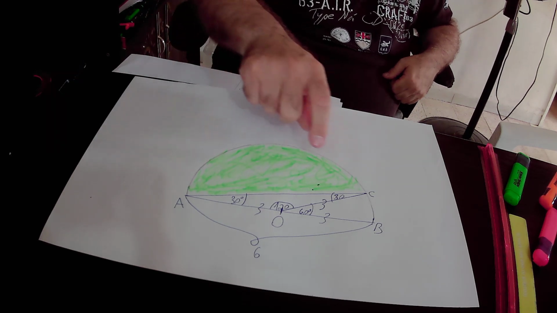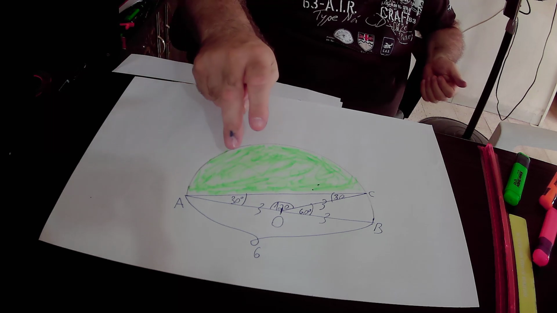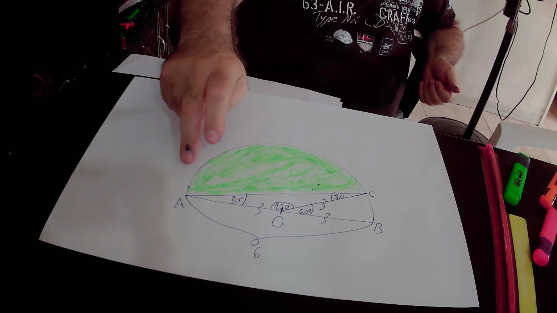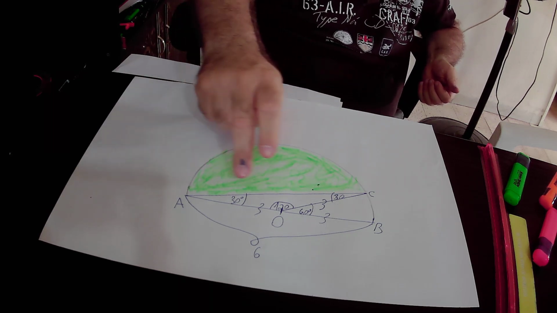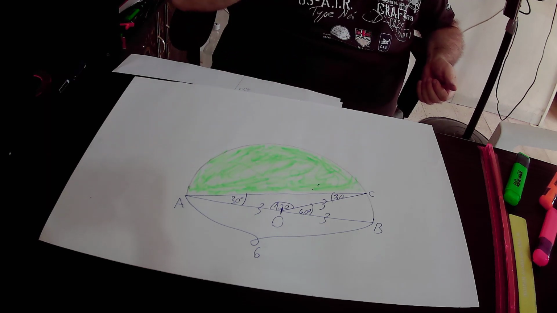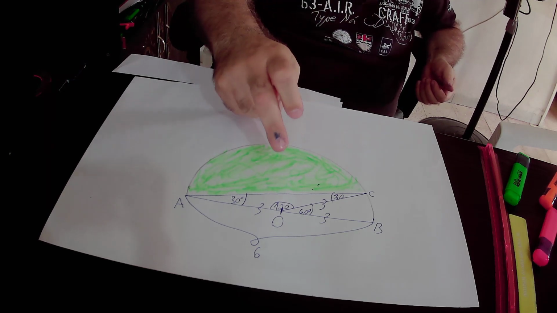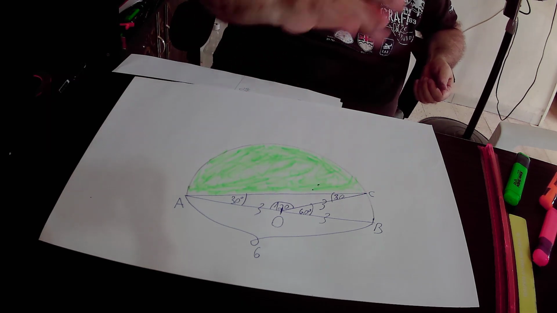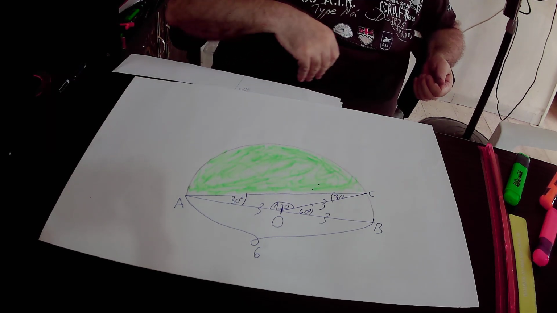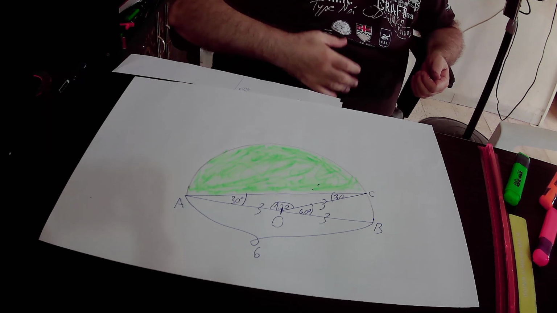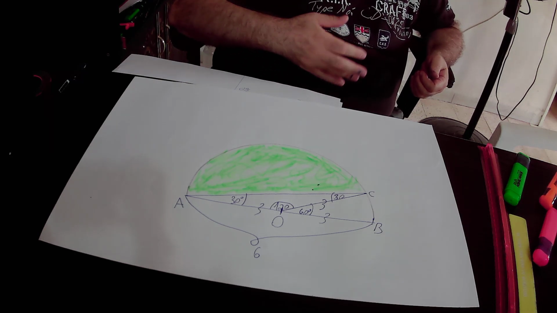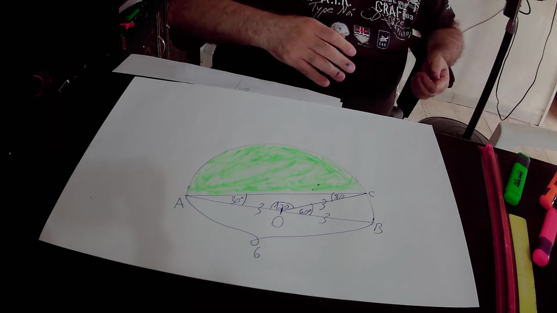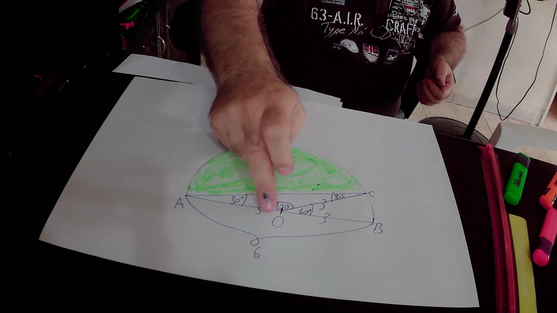AB is the diameter of the semicircle, therefore it is absolutely a straight line. So if we focus on the upper side of the straight line AB point O, the sum of the angles on the upper side must be equal to 180 degrees, according to the rule that the sum of the angles on one side of a straight line is equal to 180 degrees. So which angles do we have at the upper side of AB point O?